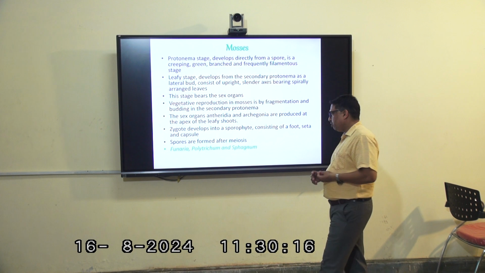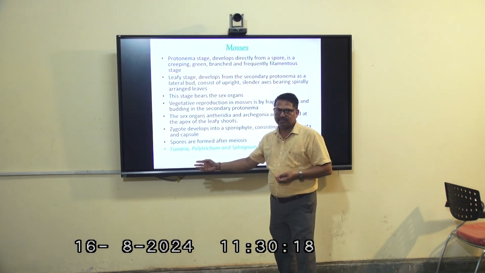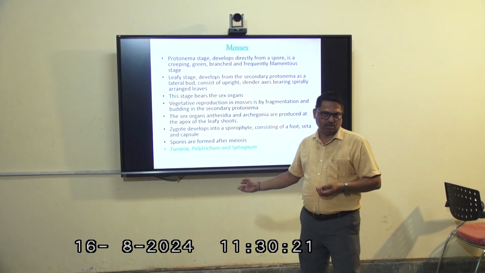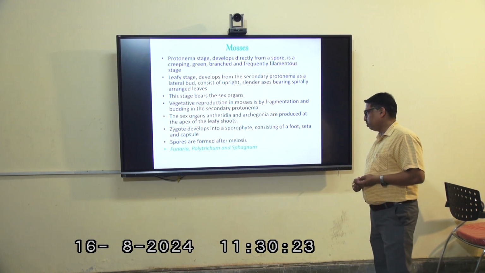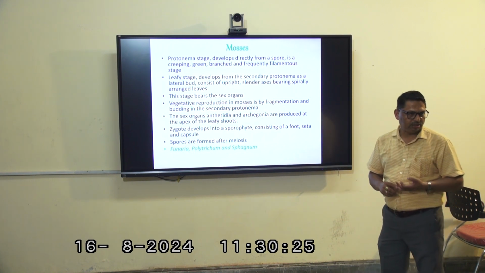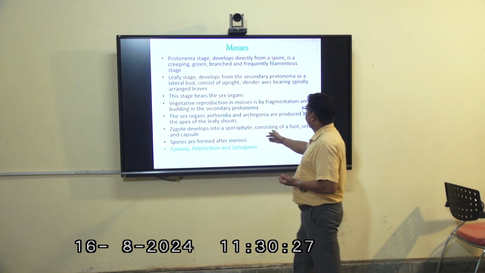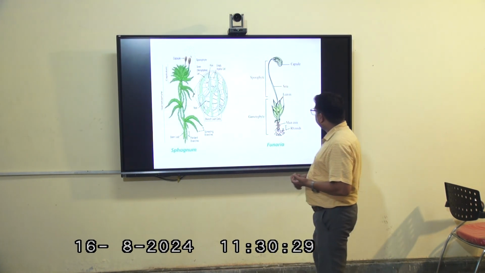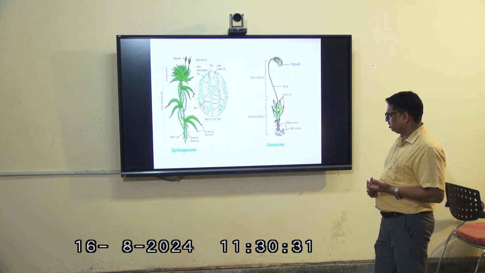The spores are formed after meiosis. Funaria, Polytrichum, and Sphagnum are different examples of mosses. And this is the diagram of the structure of Funaria.